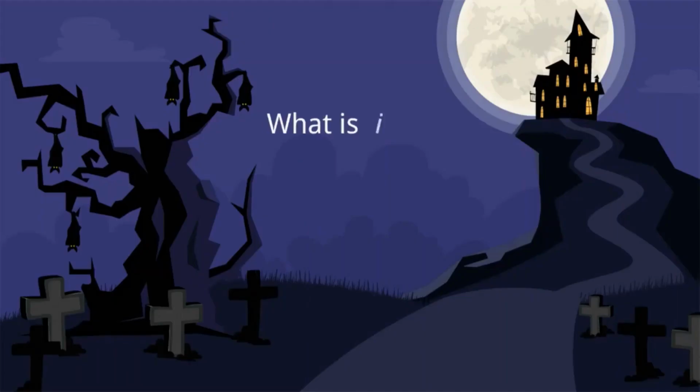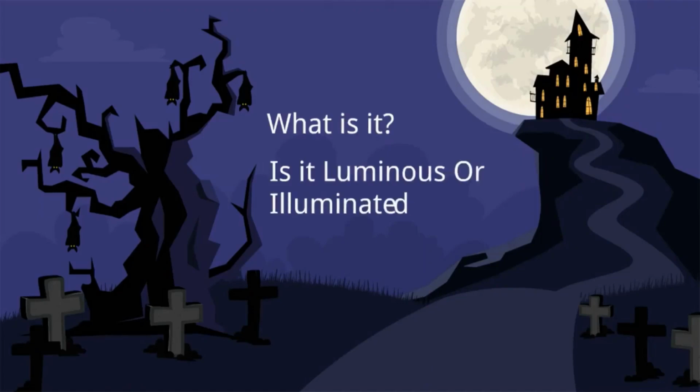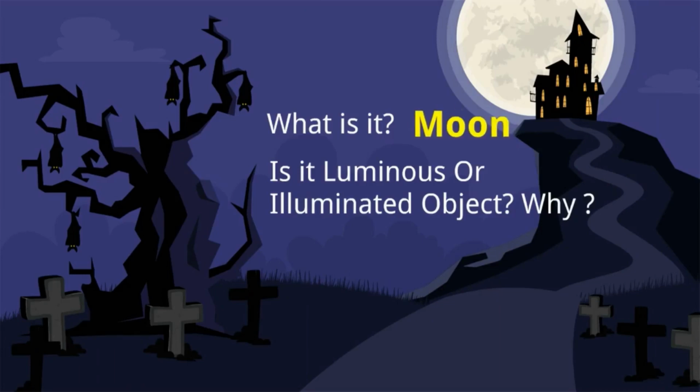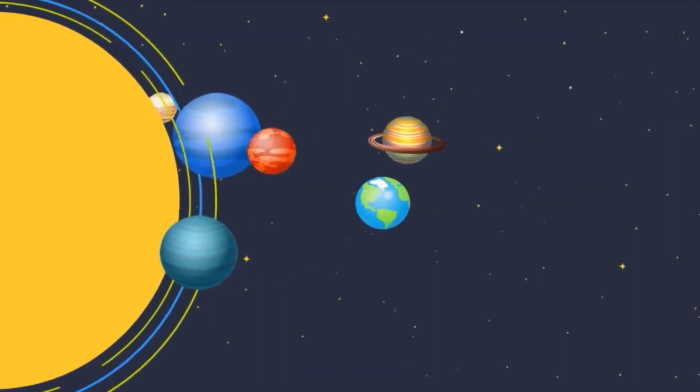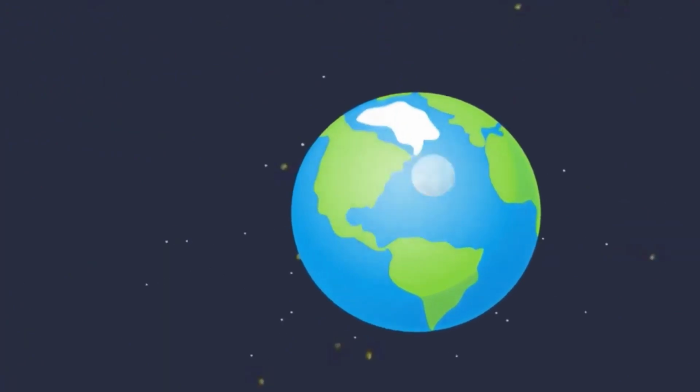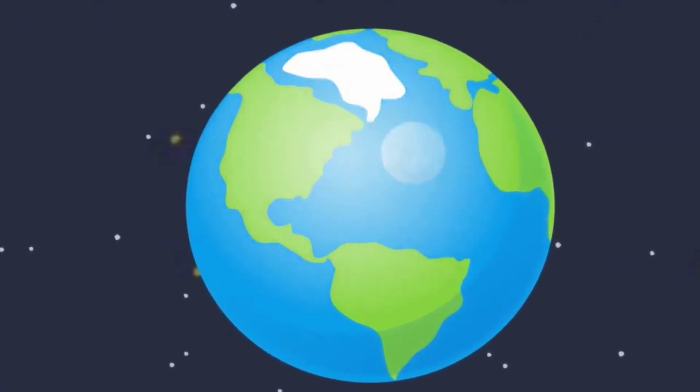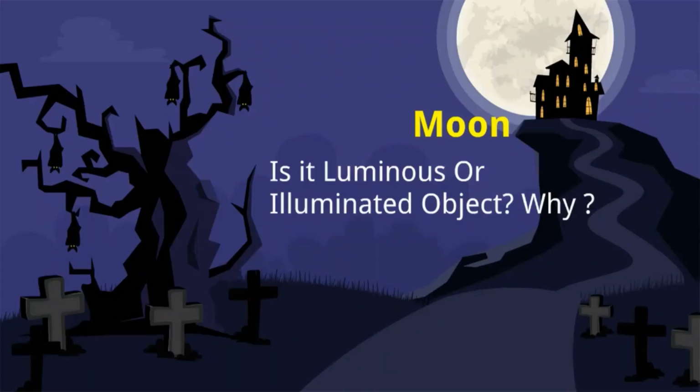Look at this picture. It is at night. Are you able to see this bright thing? What is it? Is it a luminous or illuminated object, and why? It's the moon. So we will see whether the moon is luminous or illuminated. Earth is moving around the sun and the moon is moving around the earth. Sometimes the moon is in a position where sunlight is falling on it and it is reflected.